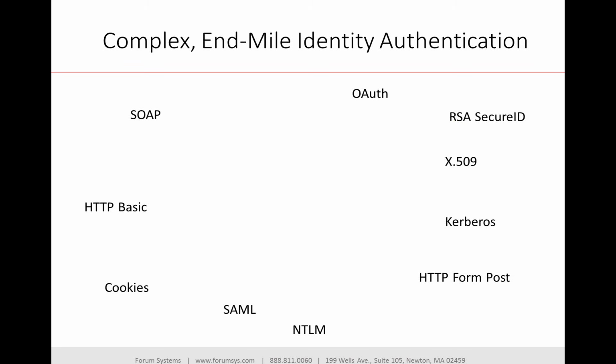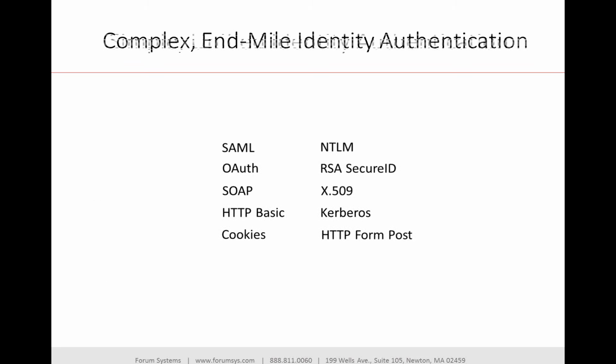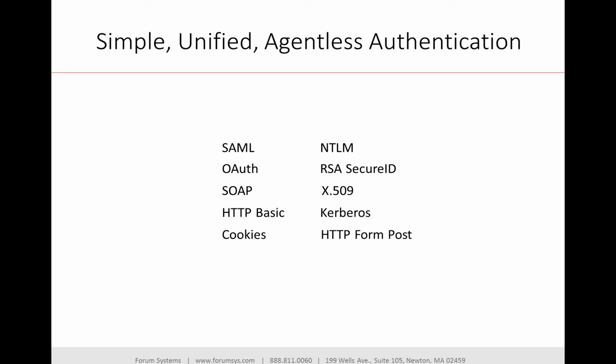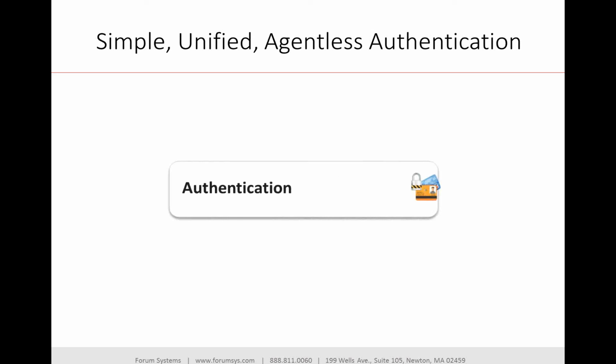And if we take that and really encapsulate that in truly what that is, and look at that in terms of the various different formats, with technology that's purpose-built that can actually handle and understand all of those formats in one central location, we can simply take all of those formats and call that agentless authentication, where we can accomplish the authentication without the need of end-mile agents.